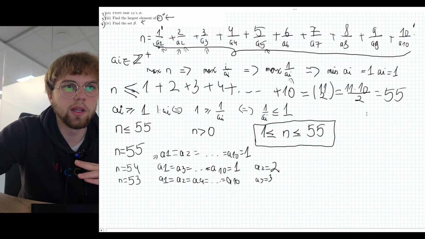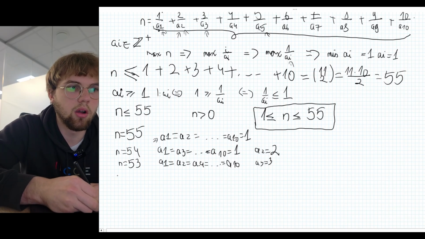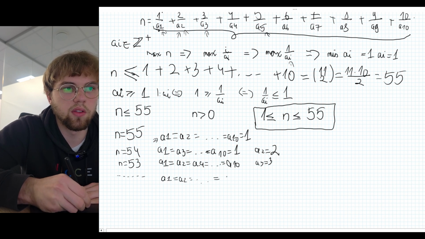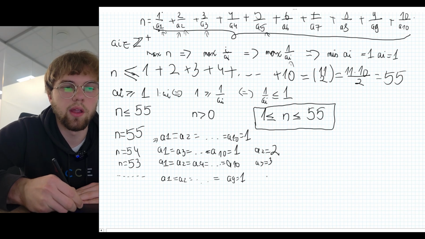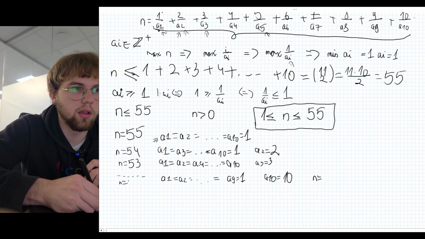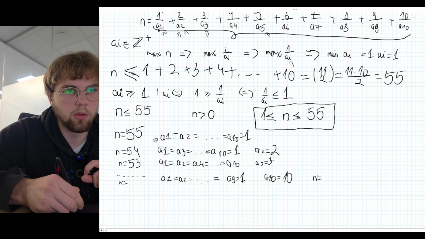And you can claim that, by doing this, basically we'll reduce all the way to a1 equals through a9 equals 1 and a10 equals 10. So right here we've minimized by 2.